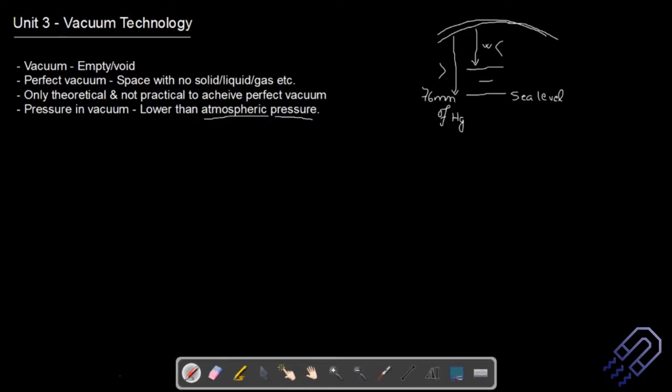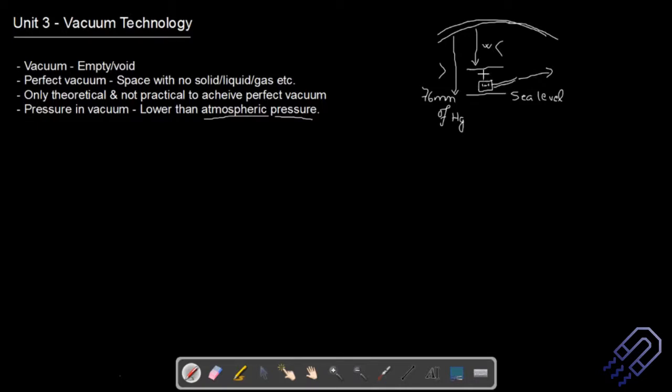If you have a box at sea level, it's under atmospheric pressure. So how do I lower the pressure inside the box? The idea is simple. Whatever air, gas, water, solvent, liquid, solid we have inside this box, we can just drag it out. If we drag it out, the pressure inside this box will be lesser.